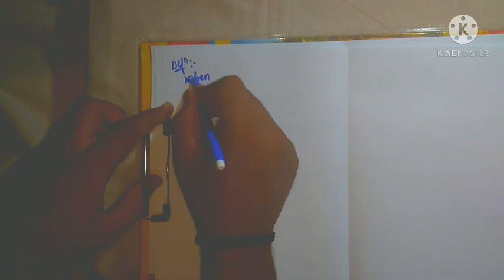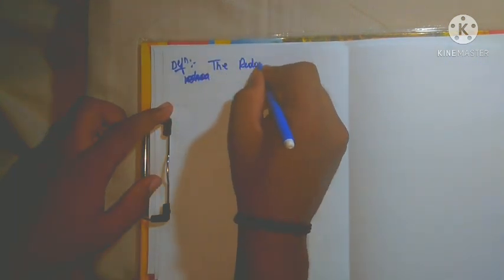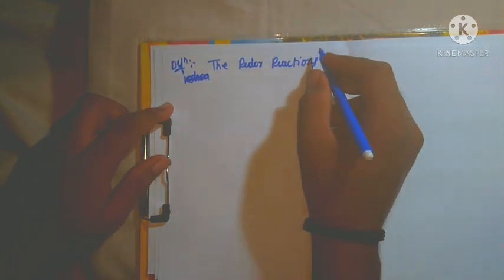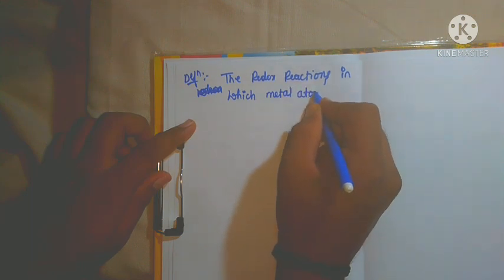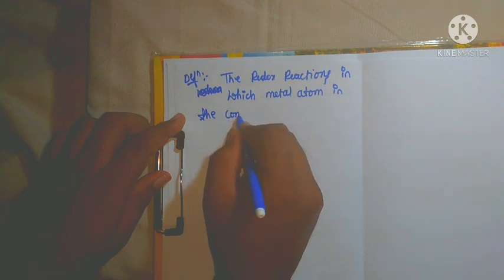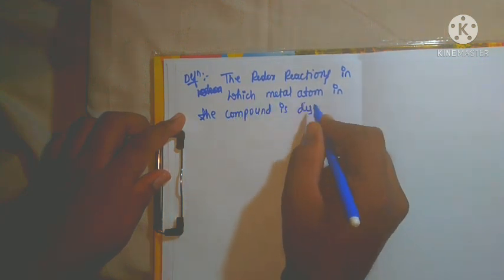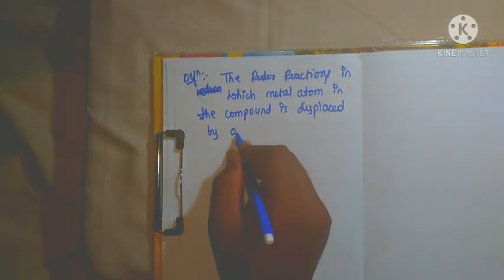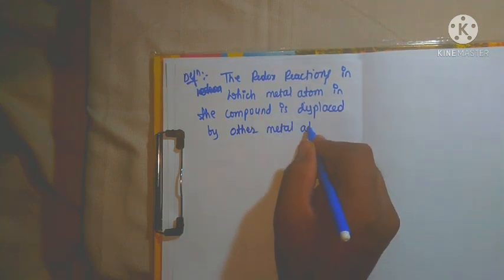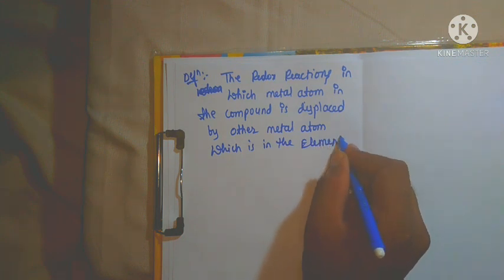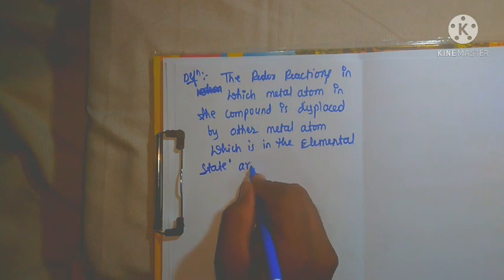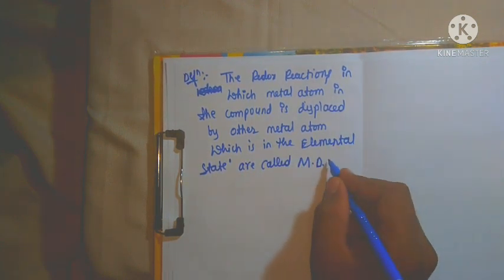For metal displacement redox reaction, I am writing the definition. The redox reactions in which a metal atom in the compound is displaced by another metal atom, not the same, which is in the elemental state, are called metal displacement redox reactions.